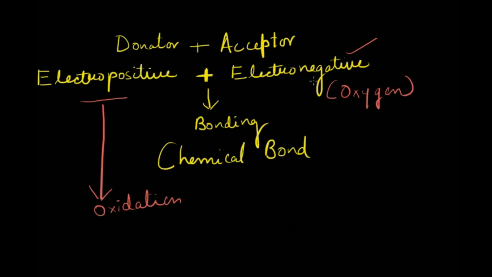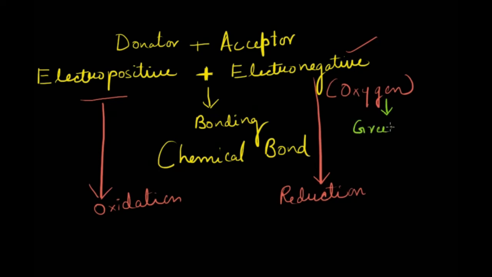And what will happen to the other, electronegative element? We use a separate term for this. We say it has undergone reduction. So we see that this greedy oxygen, greedy for electrons, has undergone reduction by gaining electrons lost by this electropositive element.